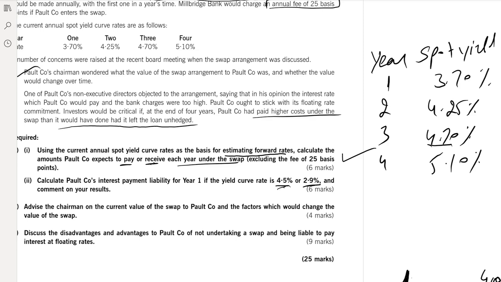So there is no benefit in the swap contract at the start for both parties, but as time passes it will become beneficial for one party and loss making for the other party. Like in this position, if interest rate rises, the Pault company will be at the beneficial position, because if interest rate rises we will receive a higher amount and we will have to pay the fixed leg at the same rate. So definitely it will become a positive position for us.